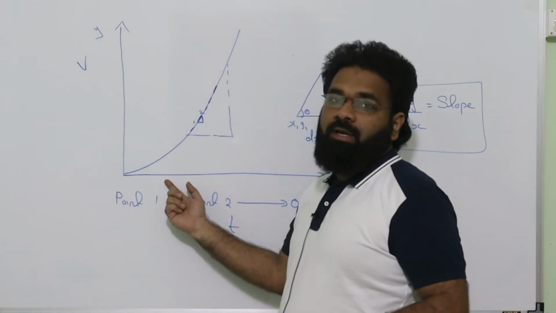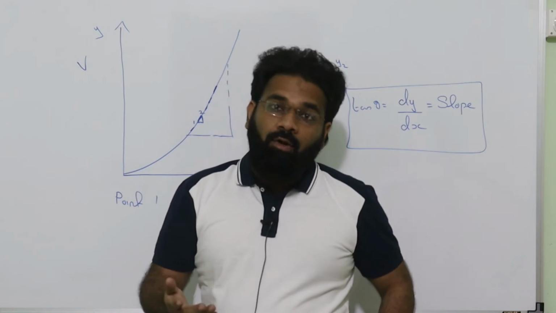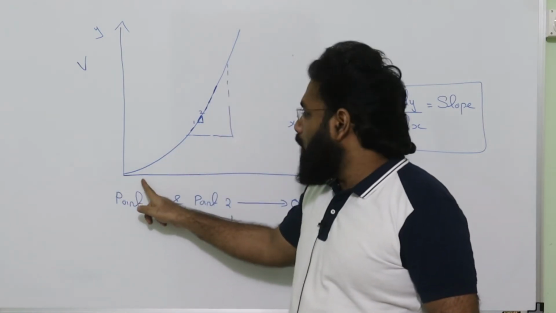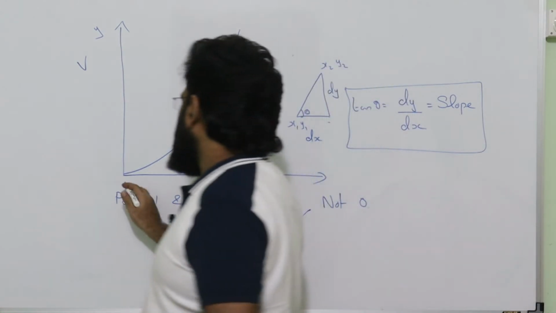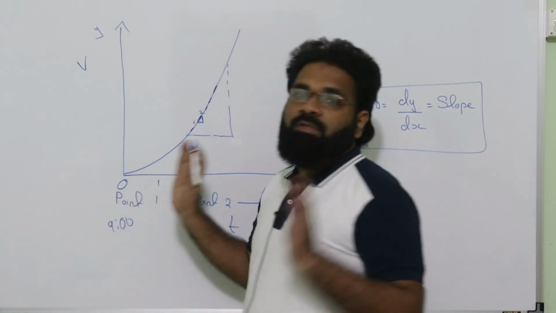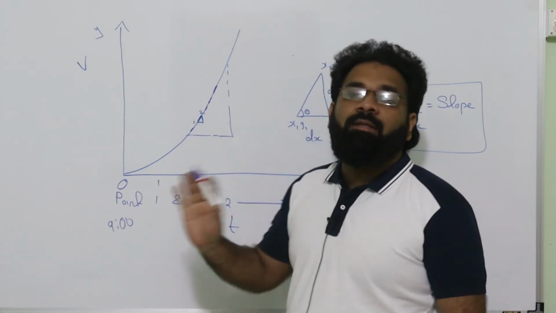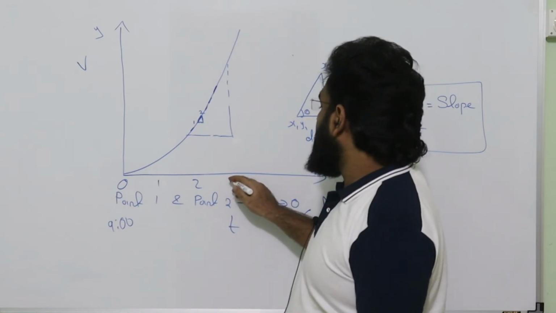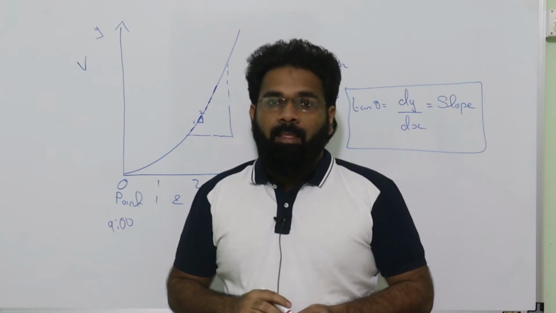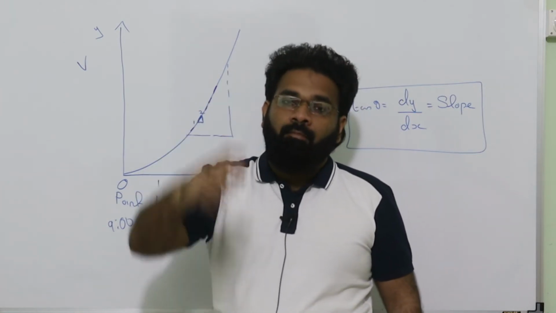Say we are observing a car, and at 9 o'clock we started observing; this 0 is nothing but 9 o'clock. So at 2 seconds its velocity is 3 meters per second, and when we reach 3 seconds, its velocity is 10 meters per second. So 10 meters per second minus 3 meters per second is the change in velocity.